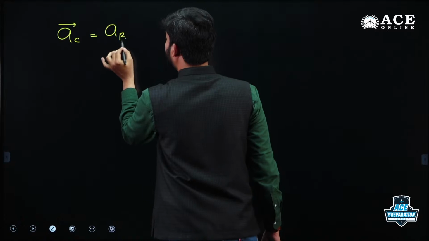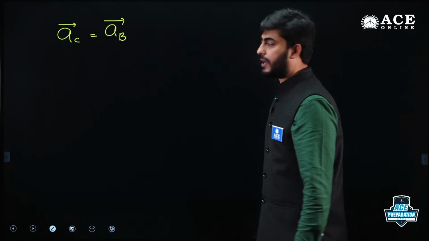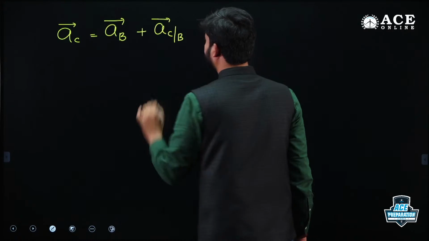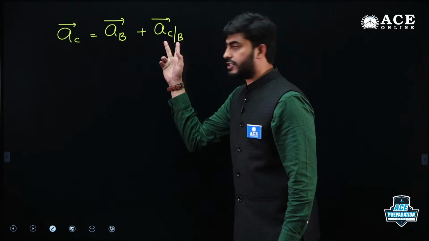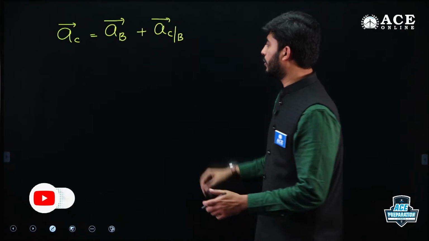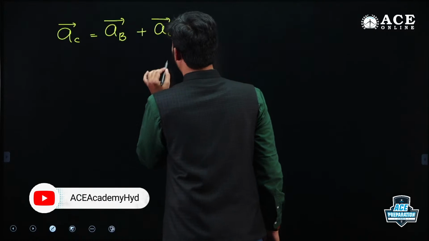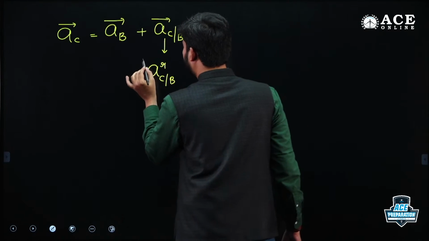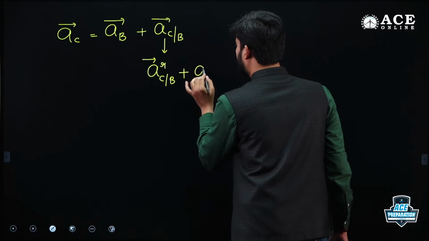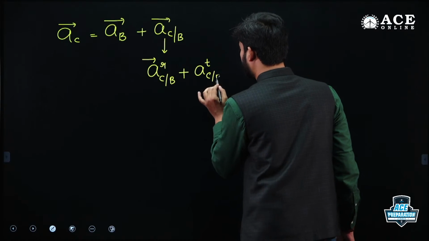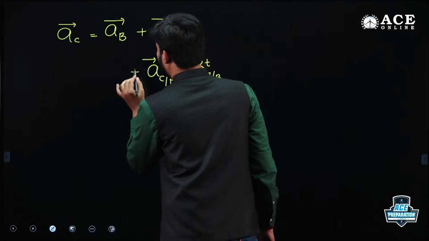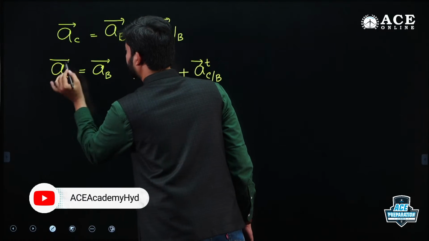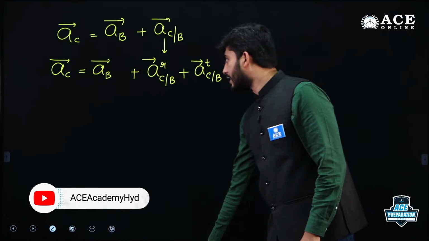Acceleration of C is equal to acceleration of B plus acceleration of C relative to B. Now this part of acceleration will be split into two components once again: the radial component of acceleration of C relative to B plus the tangential component of acceleration of C relative to B, plus acceleration of B is equal to acceleration of C. Okay guys, please understand this equation.